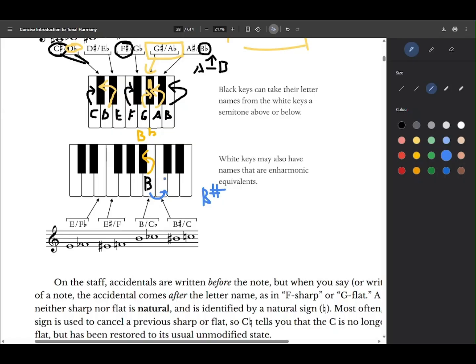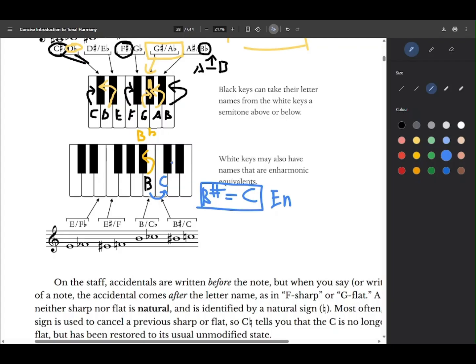And you say, okay, well, this white key is C. That doesn't make much sense. What we can do is we can call B sharp C. These are actually also enharmonically equivalent.